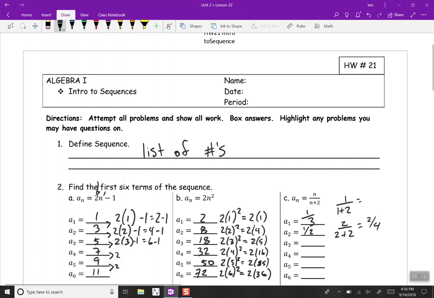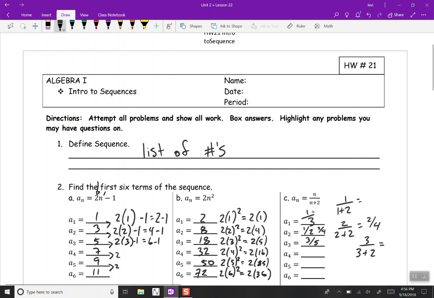Next one would be 3 over 3 plus 2, or 3/5. And I should have left this as 2/4. Let's leave that as 2/4.